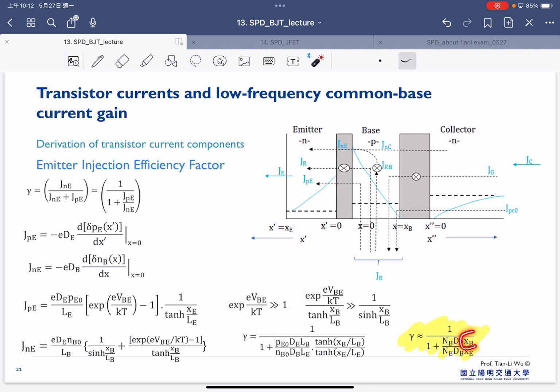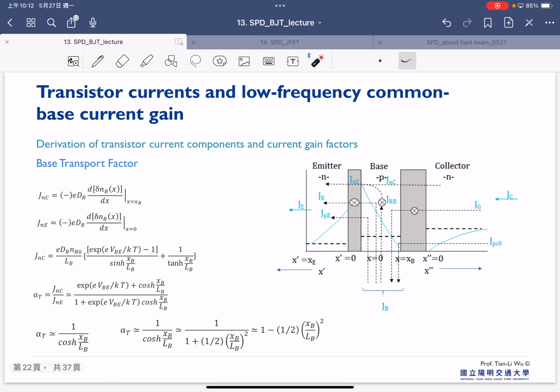For example, this is the base width and this is the emitter width. So now we can estimate what kind of result comes from these design parameters for the semiconductor BJT, and in the end will influence our gamma factor.